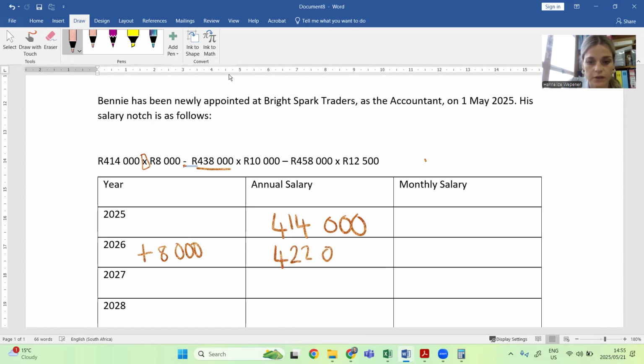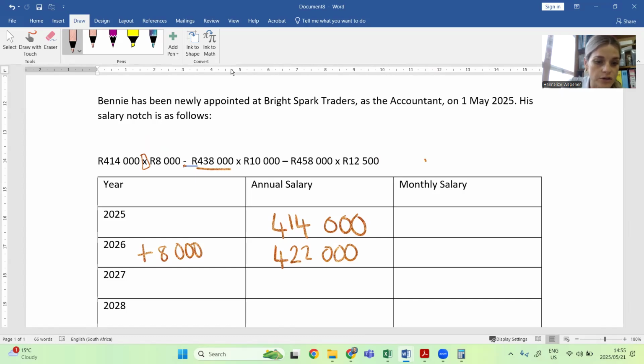Are we good with that one? So we're taking the annual salary of the previous year, and we are saying that he now earns 8,000 Rand more in 2026. Therefore, he earns 422,000.